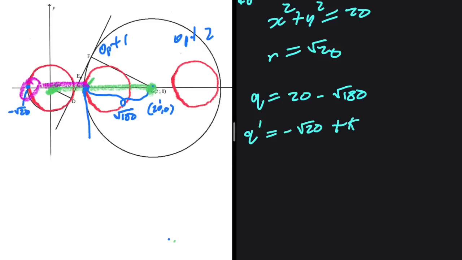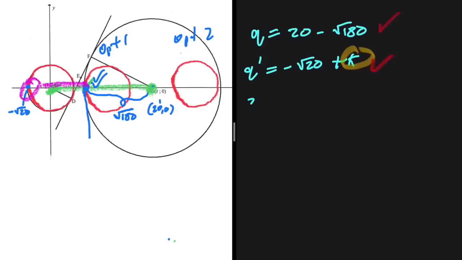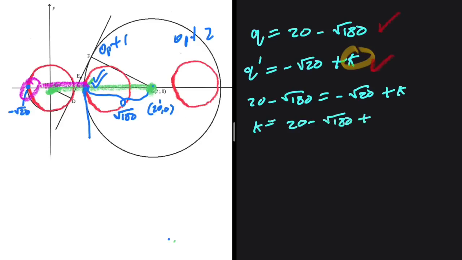When q prime equals q, we can determine the value of k such that the circles touch at this point. So 20 minus square root of 180 equals minus square root of 20 plus k, so k is equal to 20 minus square root of 180 plus square root of 20.